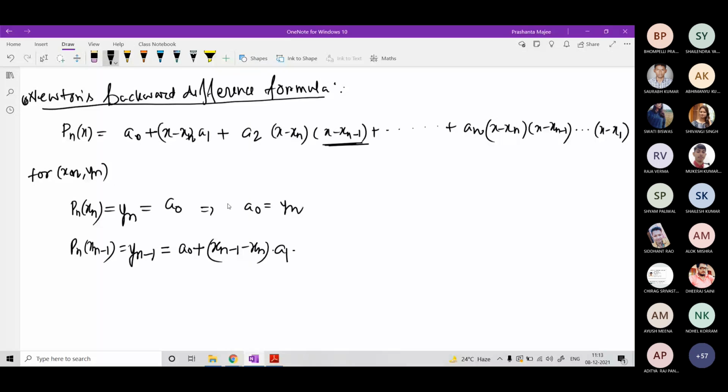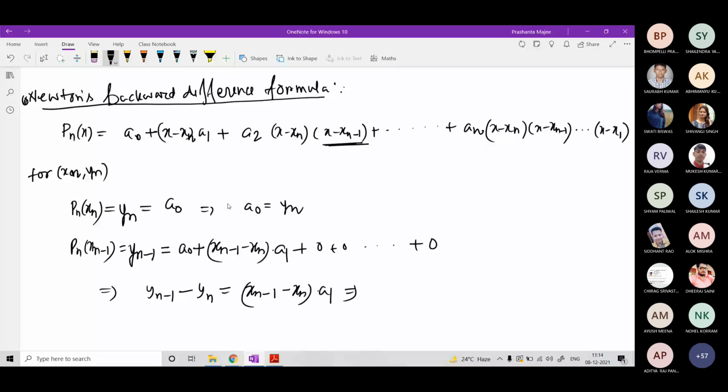So the remaining terms are 0. So what is a1? yn minus 1 minus a0, which is yn, equals (xn minus 1 minus xn) into a1. What is xn minus 1 minus xn?